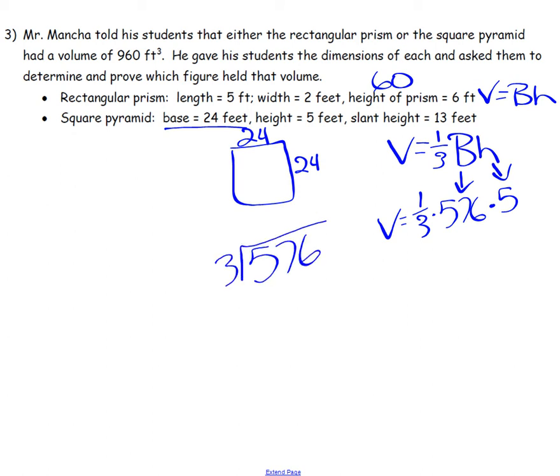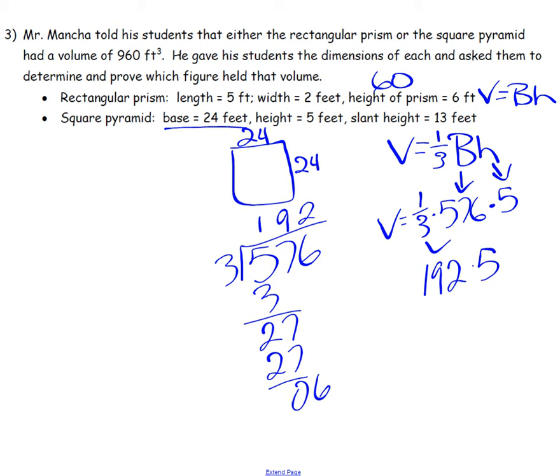It doesn't matter which order you do it in, but I'd rather divide small numbers and then multiply small numbers rather than multiply medium numbers and then divide big numbers. Keep it simple. 3 goes into 576 192 times. So we have 192 times 5. That's 1,000 minus 40. So that's 960.